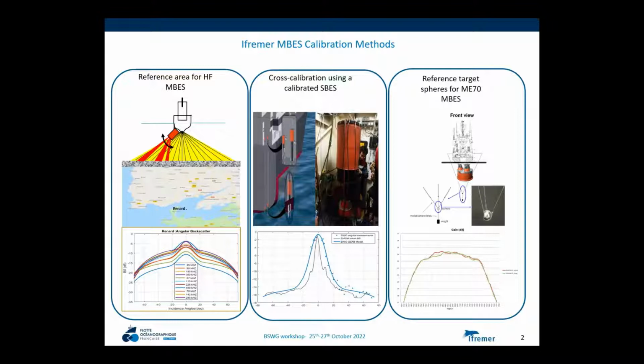The last method concerns the ME70 system. For people who don't know, it's officially a multi-beam system that has a bathymetric option, and we can calibrate it with a reference single beam and a reference sphere target. We can estimate, like, the gain and put it in the multi-beam software, and we have direct absolute values. From my point of view, it's the best multi-beam.